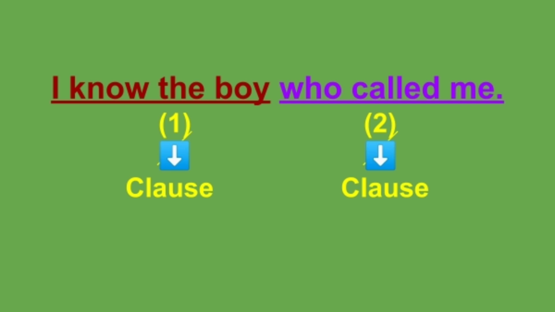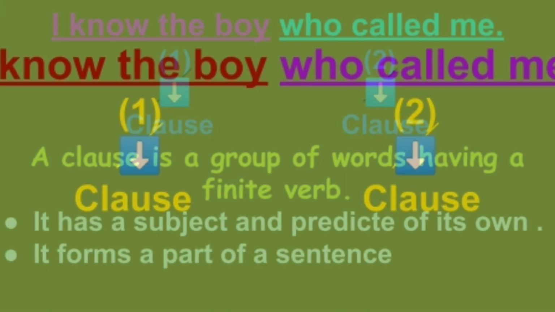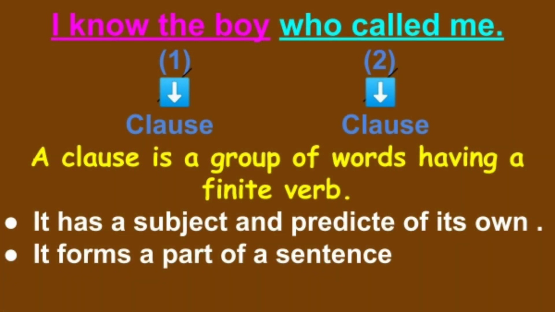Each part is called a clause. So, we conclude that a clause is a group of words having a finite verb. It has a subject and predicate of its own. It forms a part of a sentence.